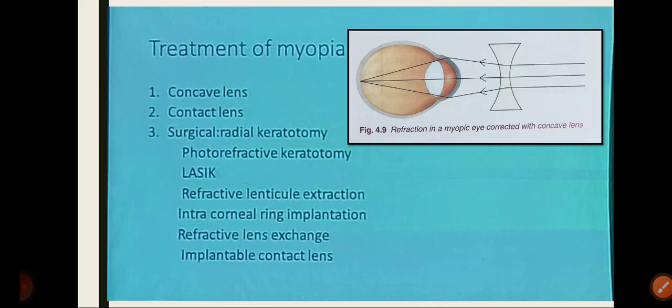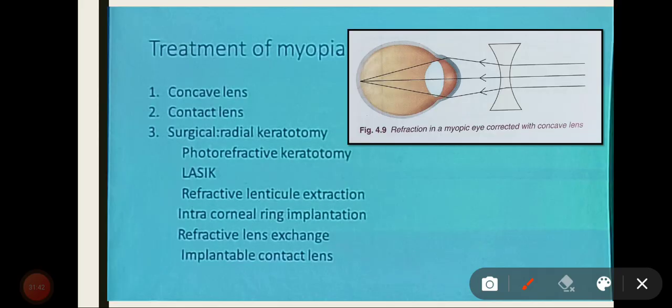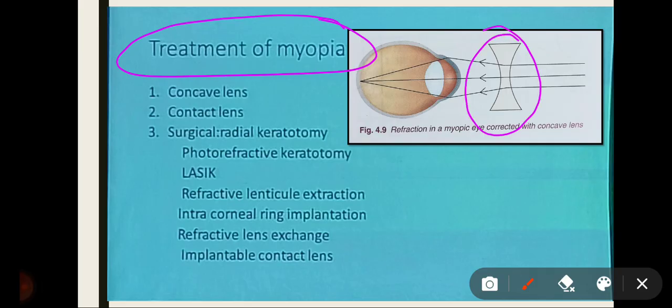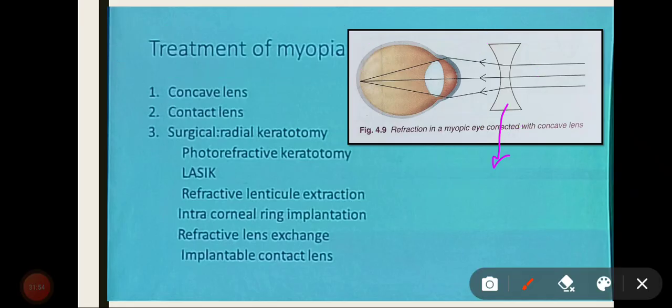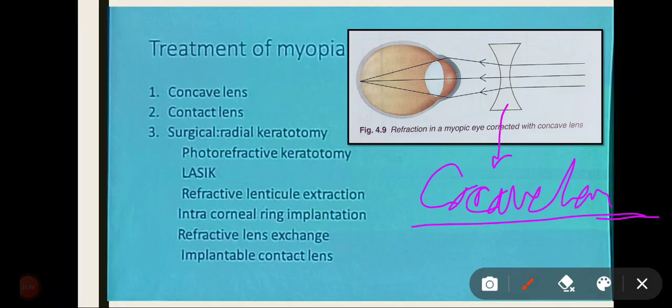So now we'll discuss the treatment of myopia. Which lens is used? For optical correction we use the concave lens.